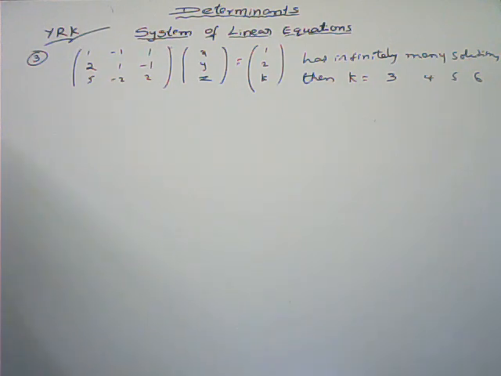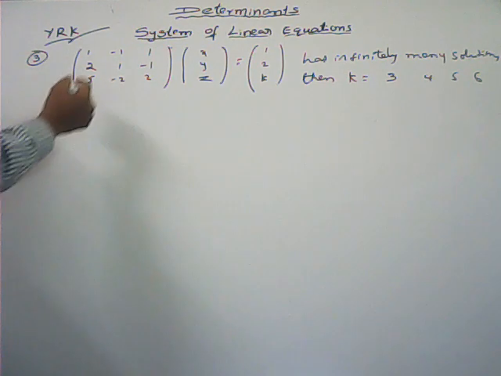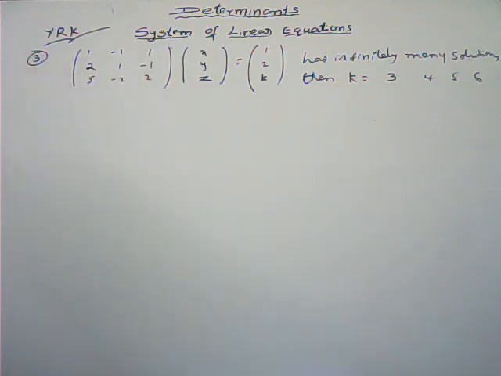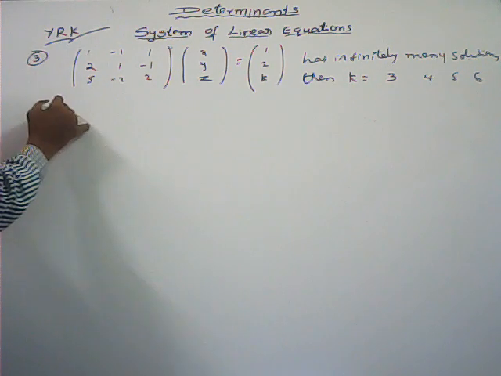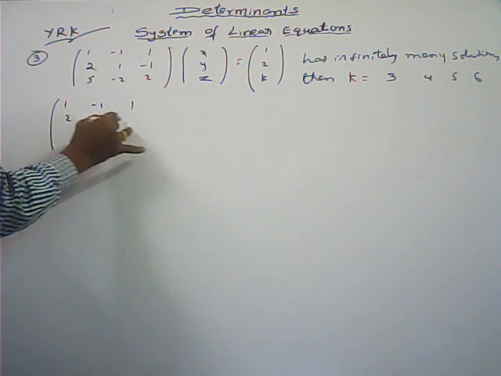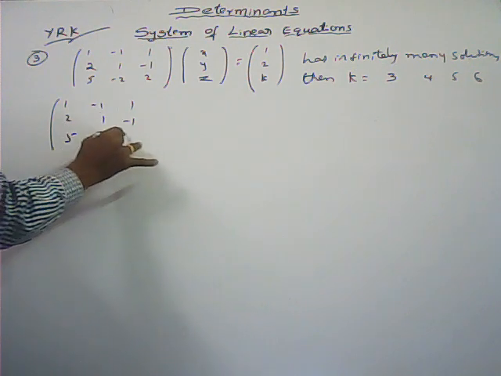Here 3 linear equations are given. By multiplying these, we can get the equations, and by equating them, we get 3 linear equations. This is the coefficient matrix: 1, −1, 1; 2, 1, −1; 5, −2, 2.